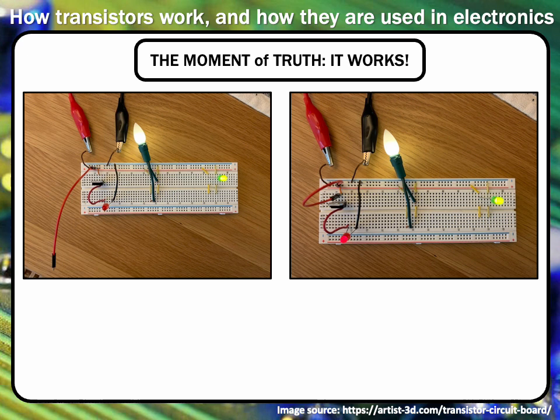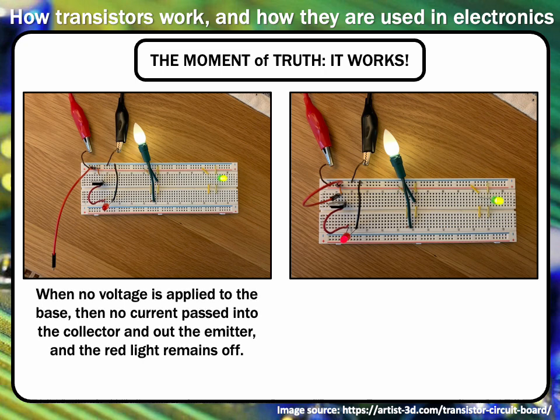That red wire you can see on the left, since it's disconnected, it doesn't allow current to pass from the red clamp on the top into the base pin, and that little red light does not light up.